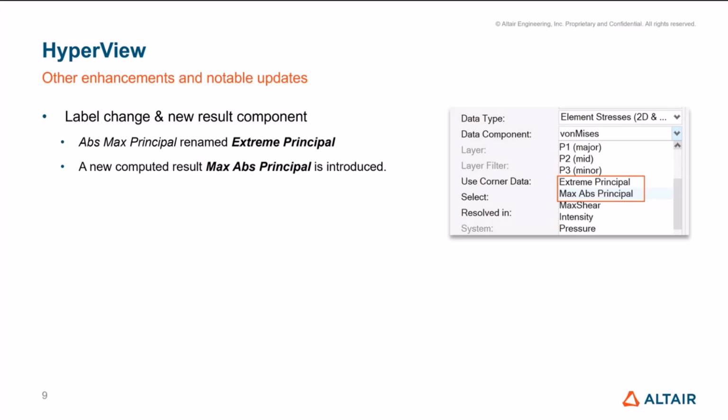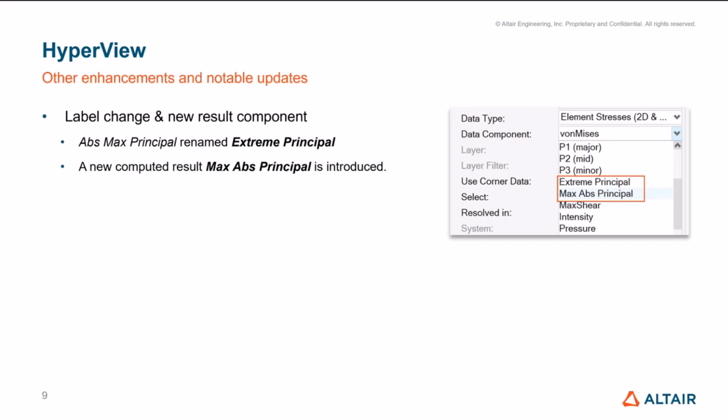One additional thing we have done in HyperView is we have renamed one of the computed results. We used to call this absolute max principal in earlier releases. That was a misnomer, so we have renamed it as extreme principal. This is also to keep it consistent with the labeling that you see in HyperMesh Post.